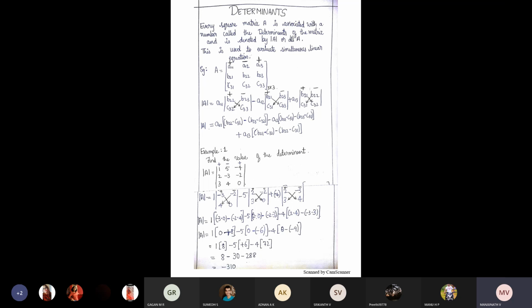This is a square matrix representation where we have 3 rows and 3 columns: A11, A12, A13, B21, B22, B23, C31, C32, C33, and we are going for its expansion to find its determinant value. To start with, the determinant of A is equal to, first you start with A11. A11 lies at the first row and first column.